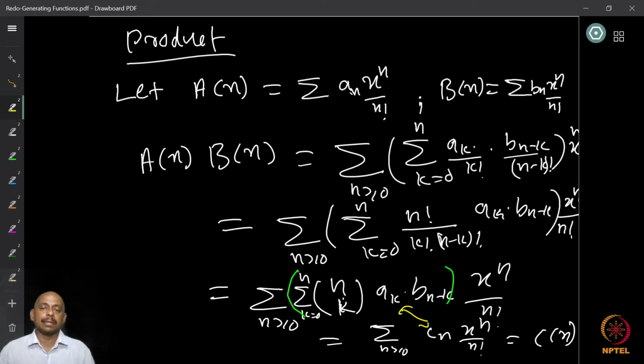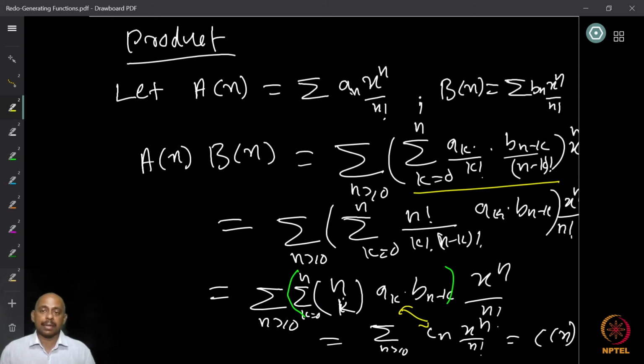Now we have to see what this is, right? So how did this come about? Summation over n, summation k equal to 0 to n, a_k by k factorial into b_(n-k) by (n-k) factorial.